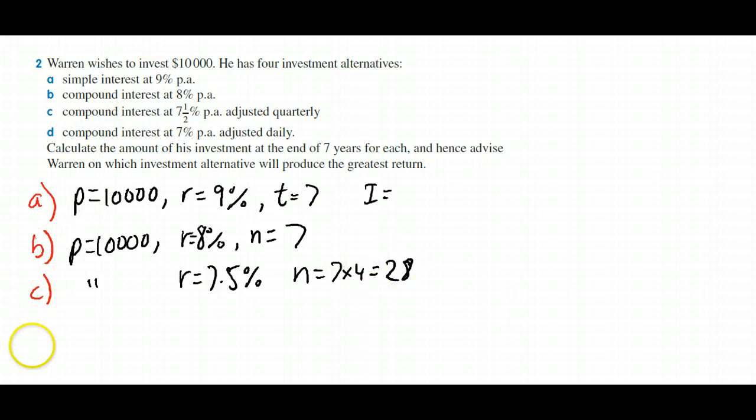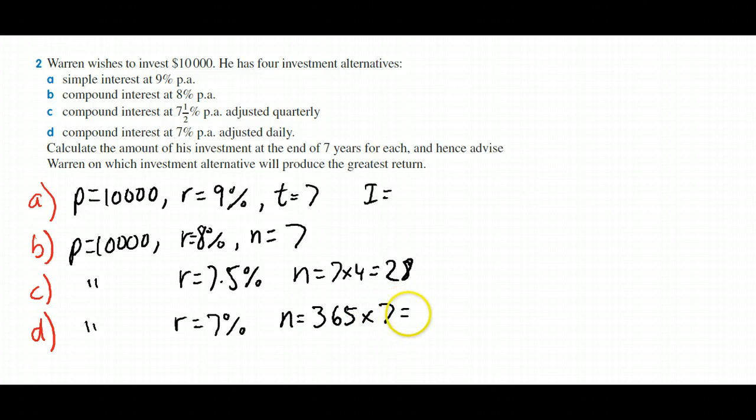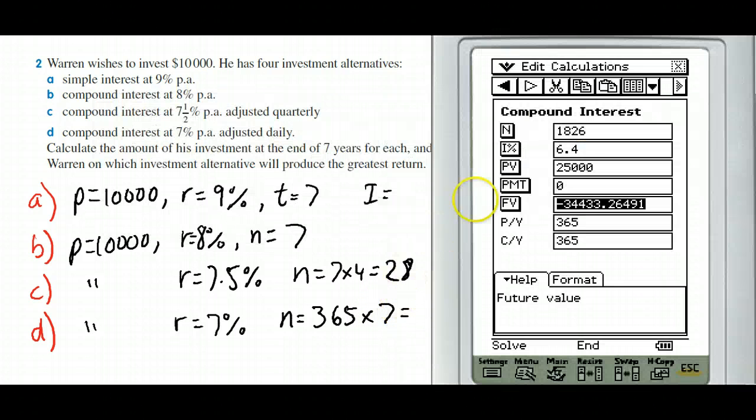Those are the important bits of info for that one. And then for D, compound interest 7%, so that's the same. The rate is now 7%, and it's adjusted daily. So N equals 365 times 7. Let's see what that turns out to be.